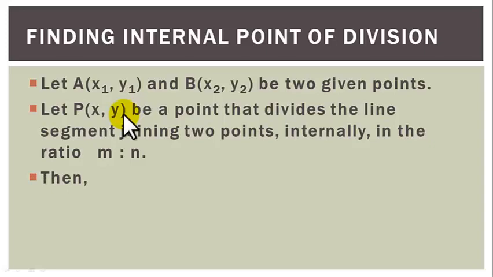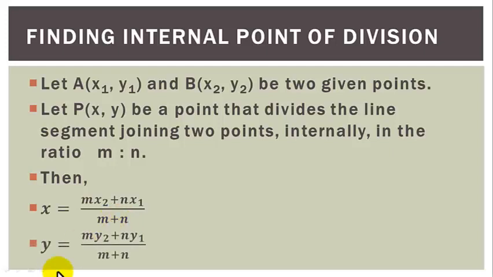Then the x coordinate of the point P is given by x equals (mx2 plus nx1) all over (m plus n), and the y coordinate is given by y equals (my2 plus ny1) all over (m plus n).